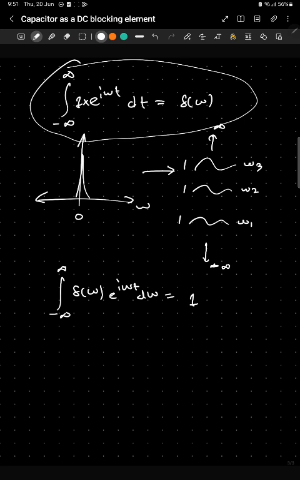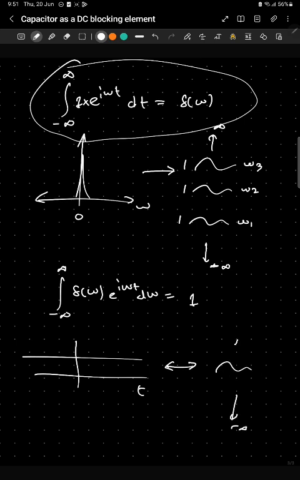So what does this tell you? It tells you that to have a constant function in time, you need to sum waves of frequencies ranging from minus infinity to infinity, whose amplitude is given by the Dirac delta function.